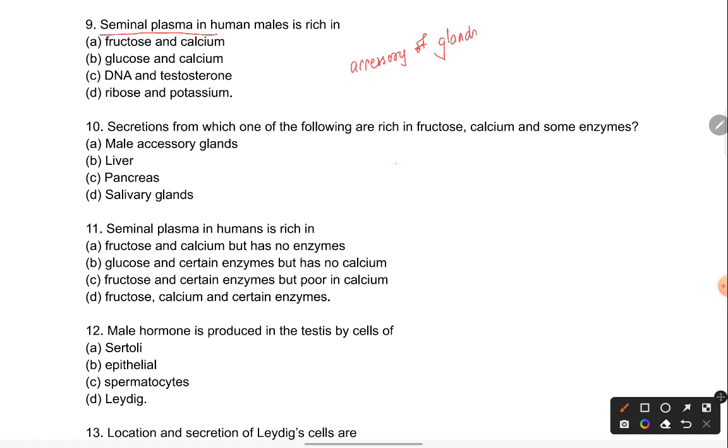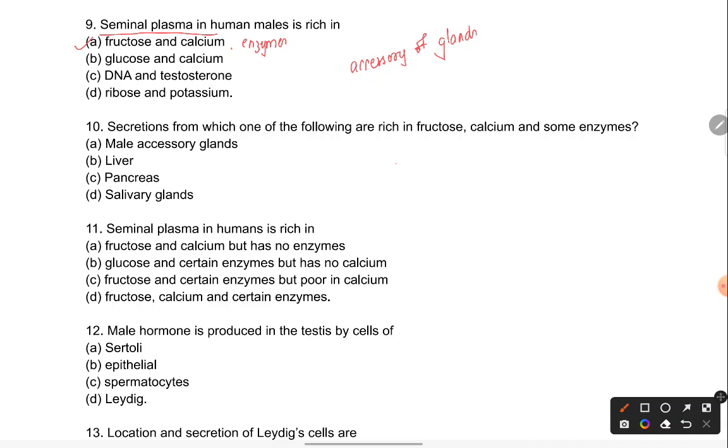All those glands secrete a fluid, and altogether we can call it what? Seminal plasma. And the seminal plasma is rich in fructose and calcium. Not only fructose and calcium, a certain amount of enzymes are also present. In addition to fructose and calcium, enzymes are also present. Okay, so the correct answer is fructose and calcium.